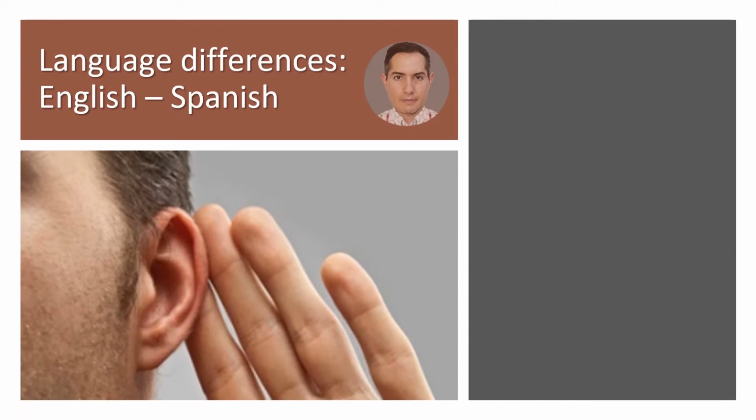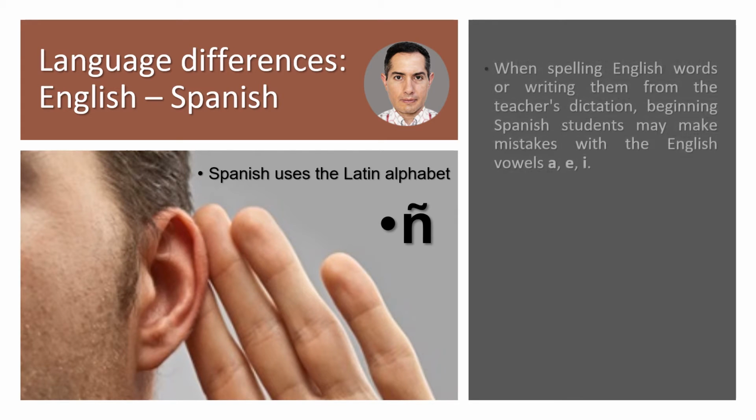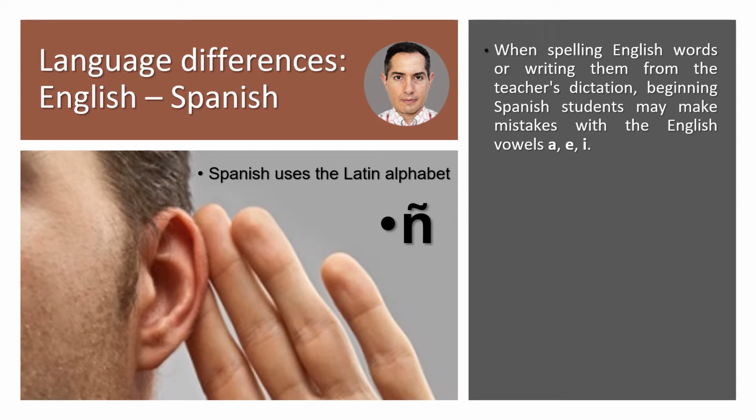Let's talk about the alphabet. Spanish uses the Latin alphabet. The vowels can take an acute accent, and there is the additional letter ñ. When spelling English words or writing them from the teacher's dictation, beginning Spanish students may make mistakes with the English vowels A, E, I. The length of the vowel sound plays an important role.